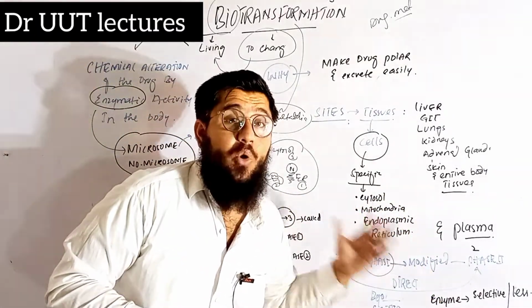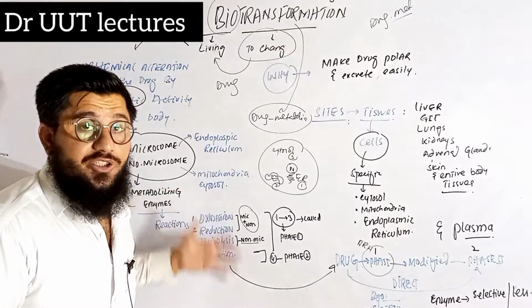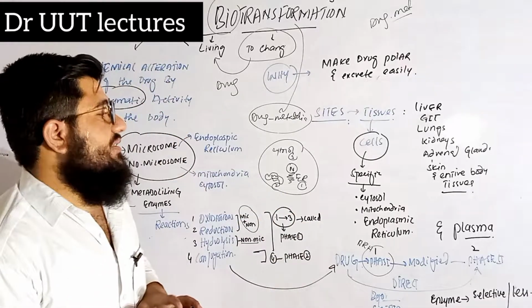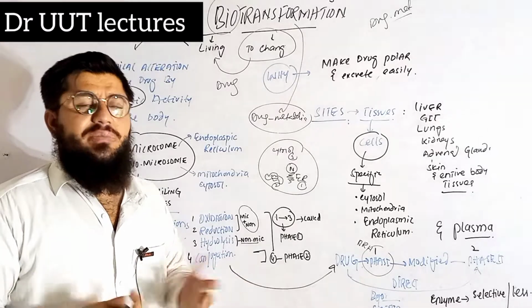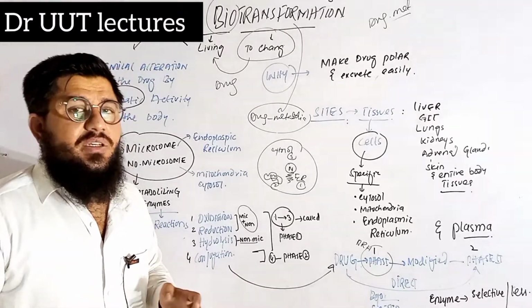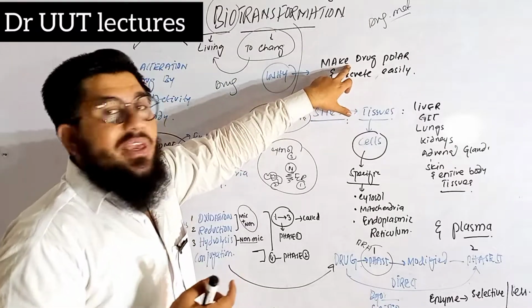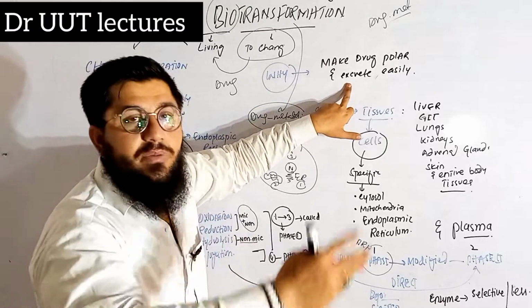Why polar? We talked about what is the important function of all these enzymes and reactions. That is to make the drug polar. Now a question rises: what is the need to do the metabolism of the drug? A very simple answer is that we make the drug polar. When the drug is made polar, it is easy for the drug to be excreted from the body. Why?